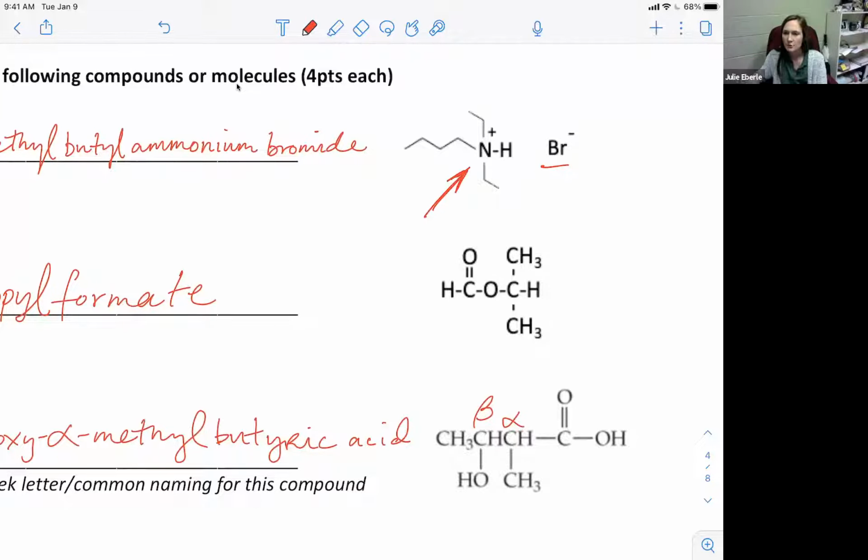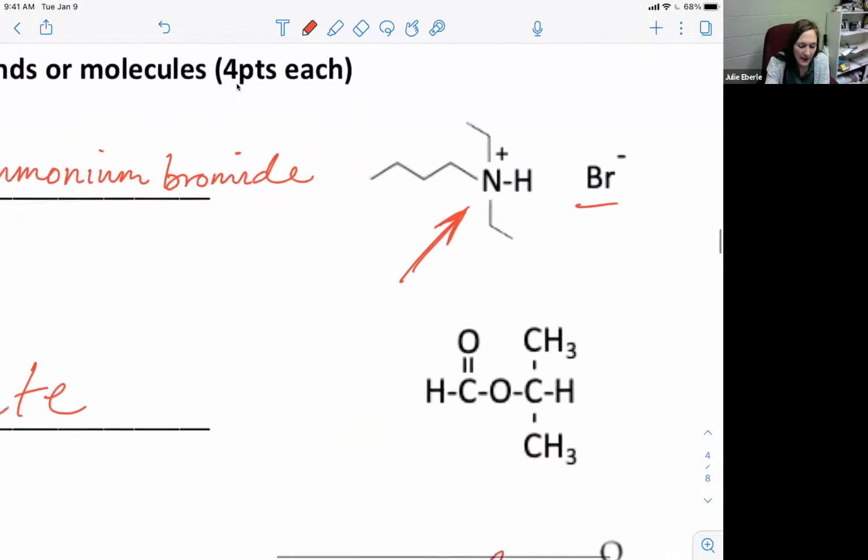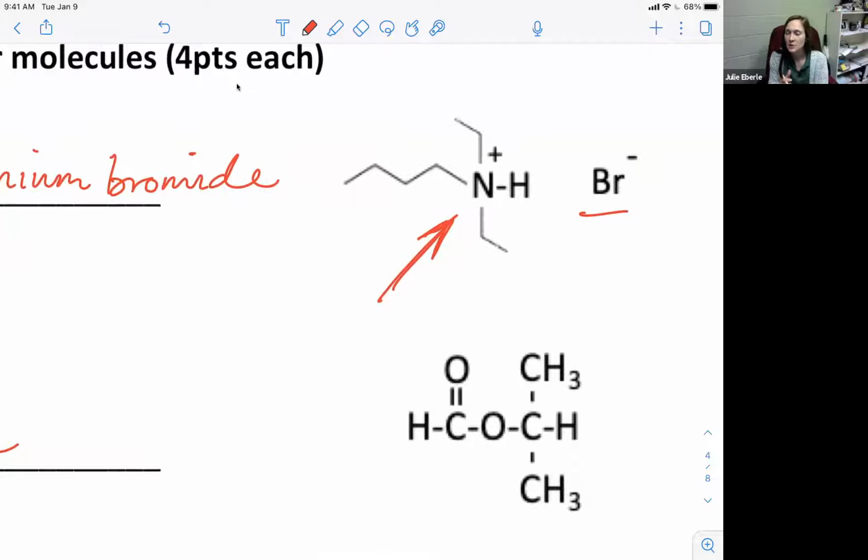We said when nitrogens have a plus charge, we name it as we would an amine, but we change the ending to ammonium. So we are going to name this amine according to the substituent with the most carbons. And that is this one right here. That's the longest one. So we got 1, 2, 3, 4, straight chain, not branched. This is butyl.